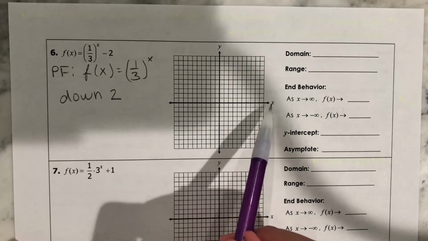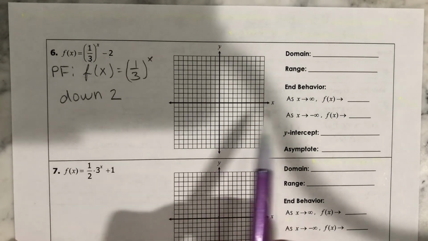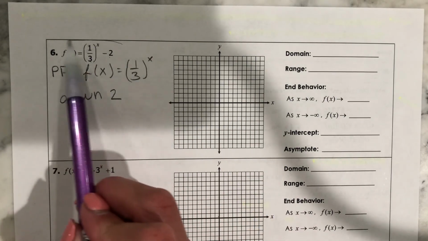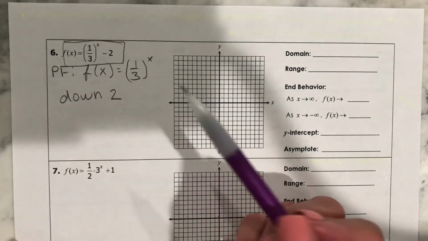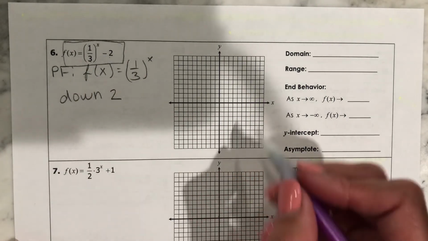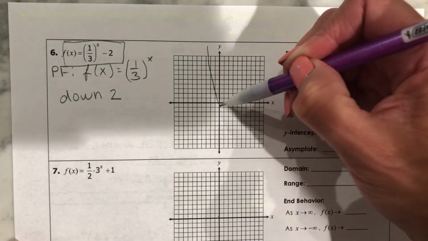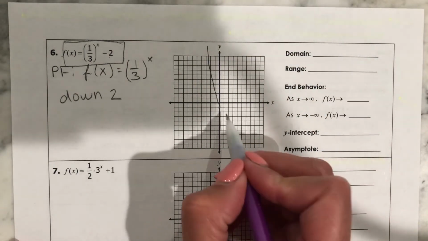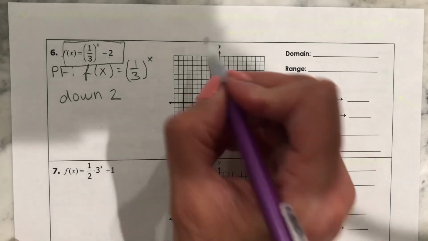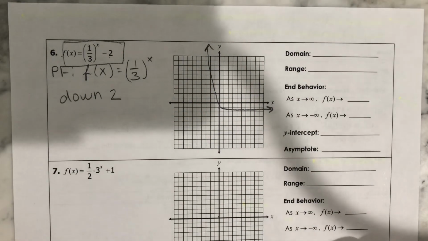So it should go this way. It should decrease. So go ahead and put this in Desmos, and then you would graph it. It looks something like this, just to save time.